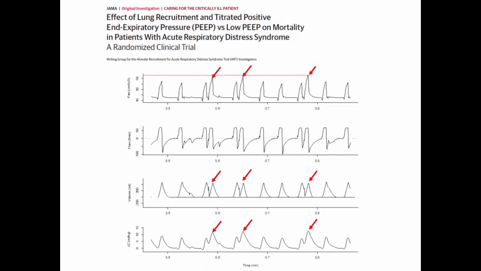And of course, when we want to control the volume, this is very bad because this gives much more volume than the 6 ml per kilogram which are set on the ventilator. It may be 12, it may be sometimes 18 milliliters per kilogram. So very, very bad situation.